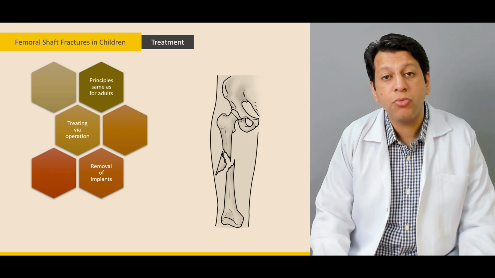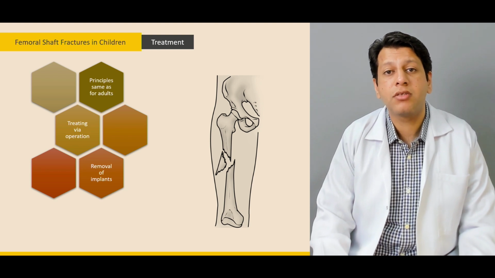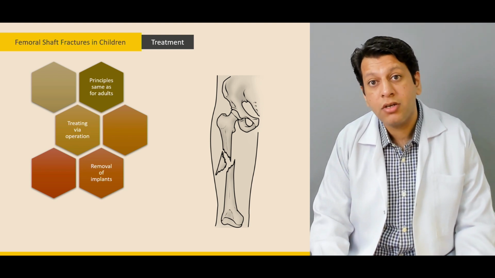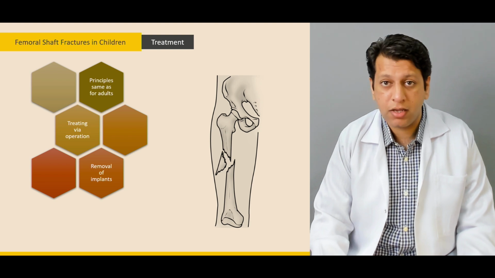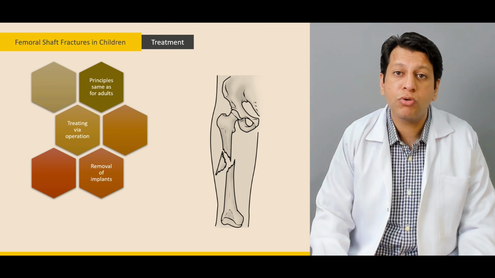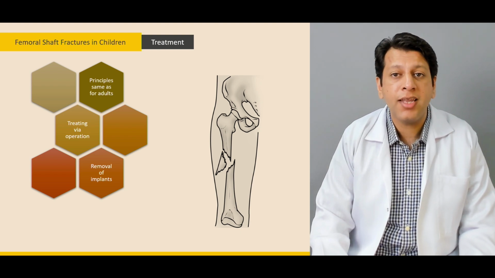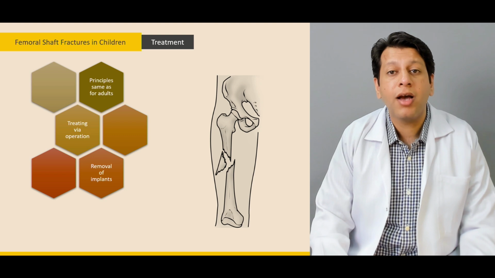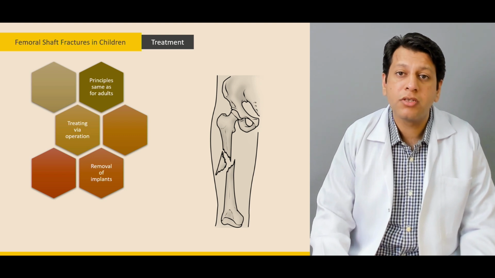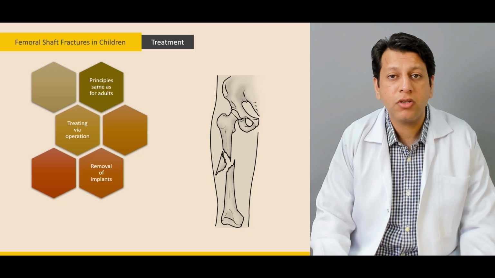What is more important in children is that if the age is 6 months to 5 years, then we may go for a hip spica, which is a non-operative treatment option. From 5 years till 9 or 10 years, we can go for either flexible intramedullary nails or plate and screw fixation.